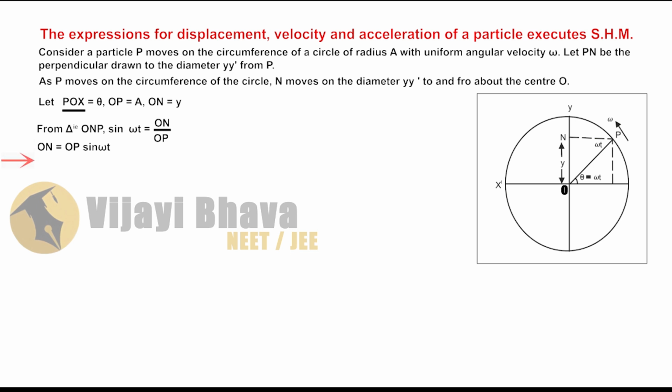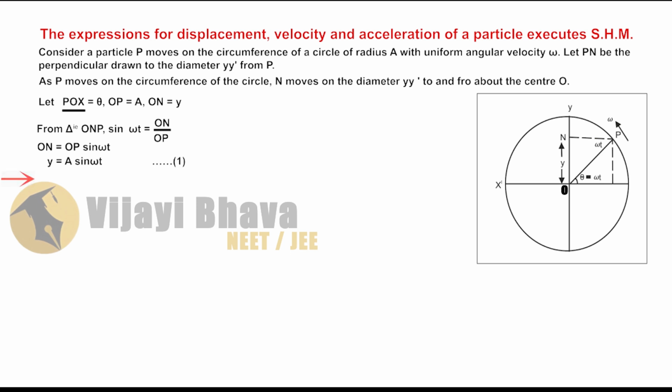As ON is equal to y and OP is equal to A, we can write the above equation as y is equal to A sin omega t. This is the equation for displacement of a particle in S.H.M.